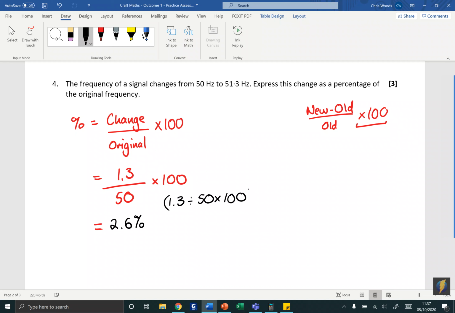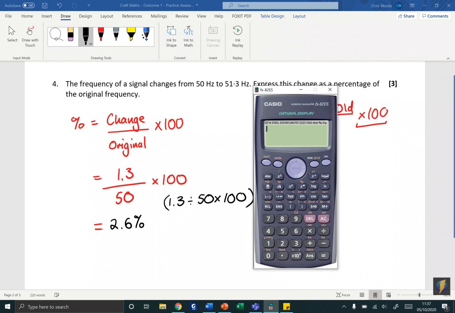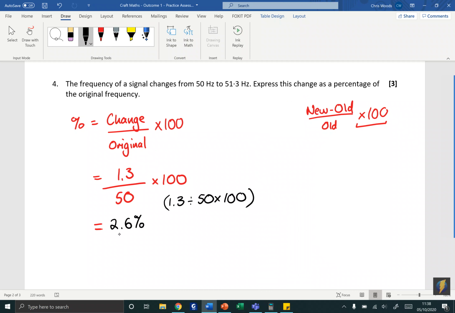That does the exact same thing. So the final answer is 2.6. Remember, put the percentage sign in because your answer is a percent of the original, because 1.3 is 2.6% of 50, so there's been an increase of 2.6%.